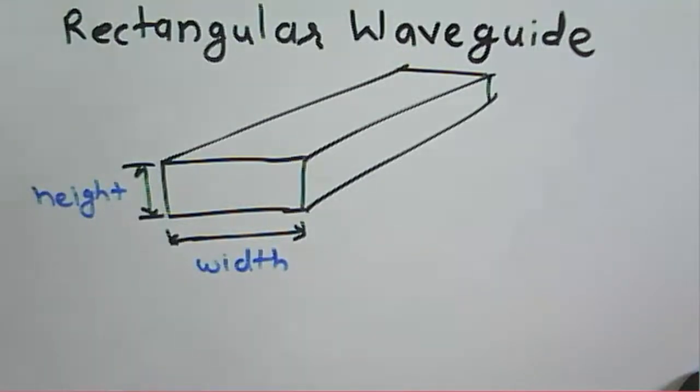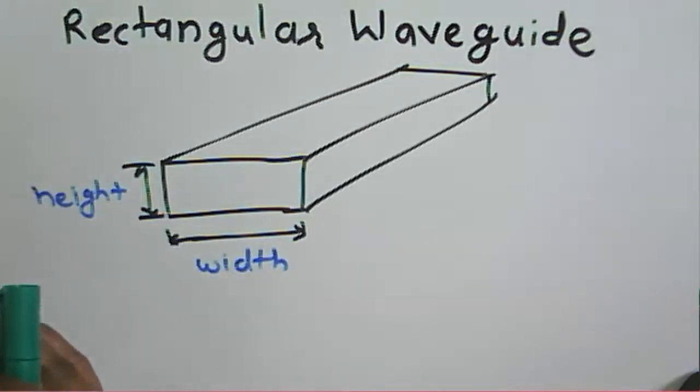Now generally the field distribution for the rectangular waveguide, along this height or this width, is distributed inside the waveguide as a half sine distribution, or a full sine wave distribution.